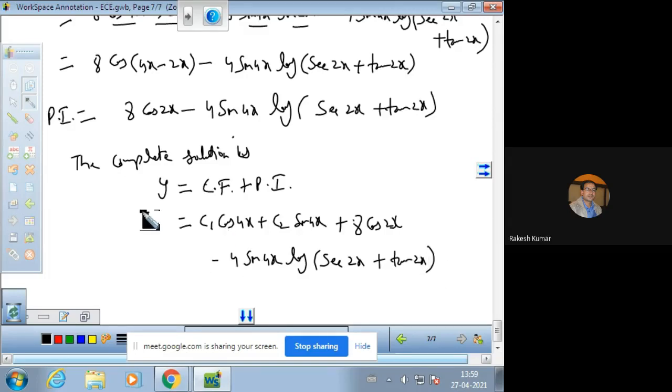So this is your required solution of the given differential equation by the method of variation of parameters.